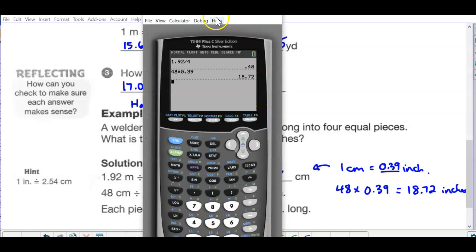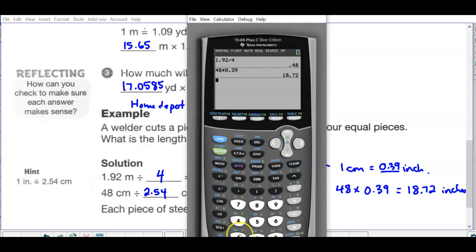Now let's compare to what we would get if we divided by 2.54 here. Should be close. It may not be exactly the same because we are using conversions that are only to 2 decimal places. So it's 18.897, which is really, if we go to 2 decimal places, 18.90.